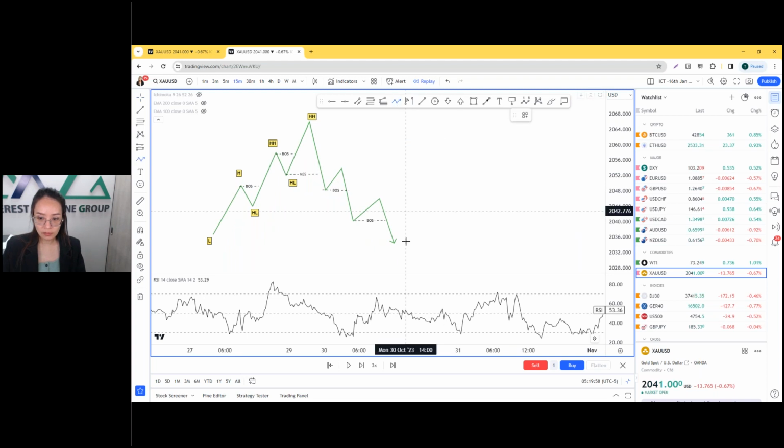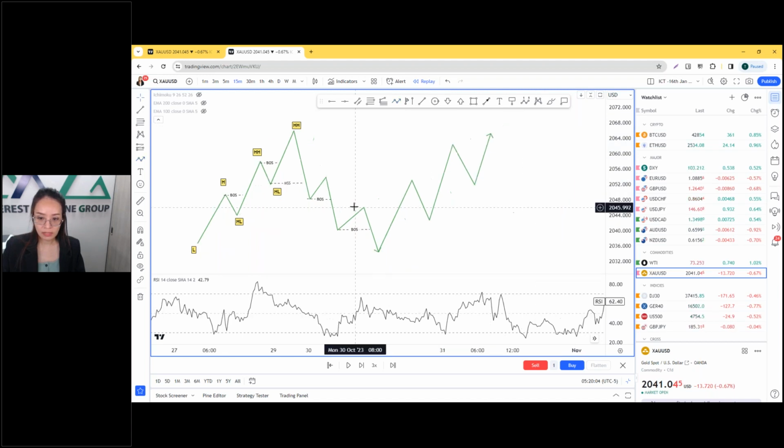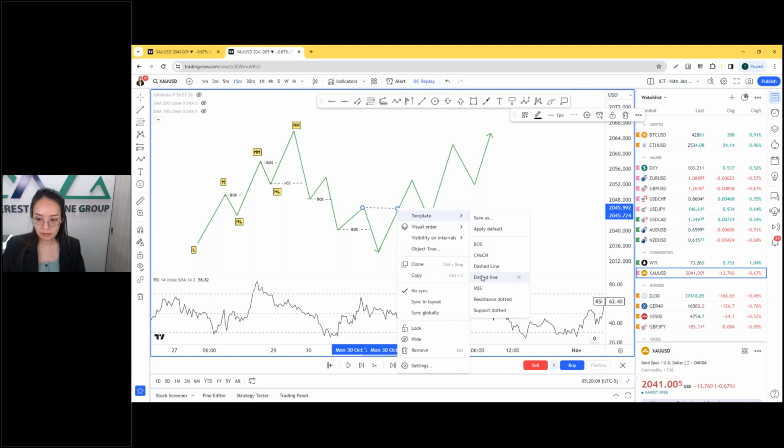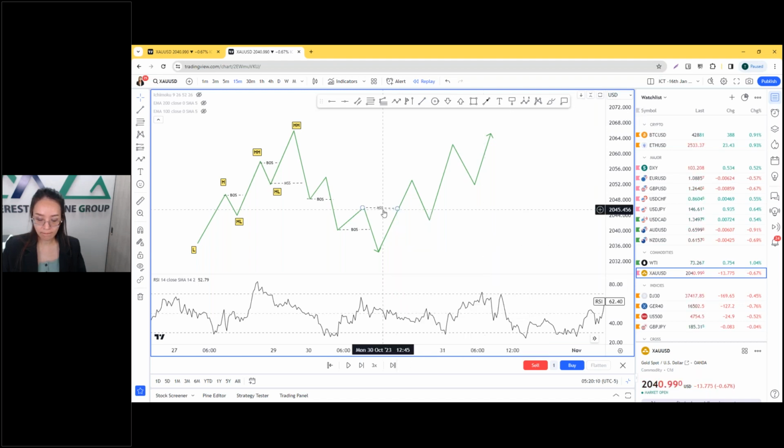Okay, now if price wants to change to uptrend, you got to make it like that, right? Why? They break this high. This is your MSS. Okay, and then they break this high. This is your break of structure, and then this is your break of structure.